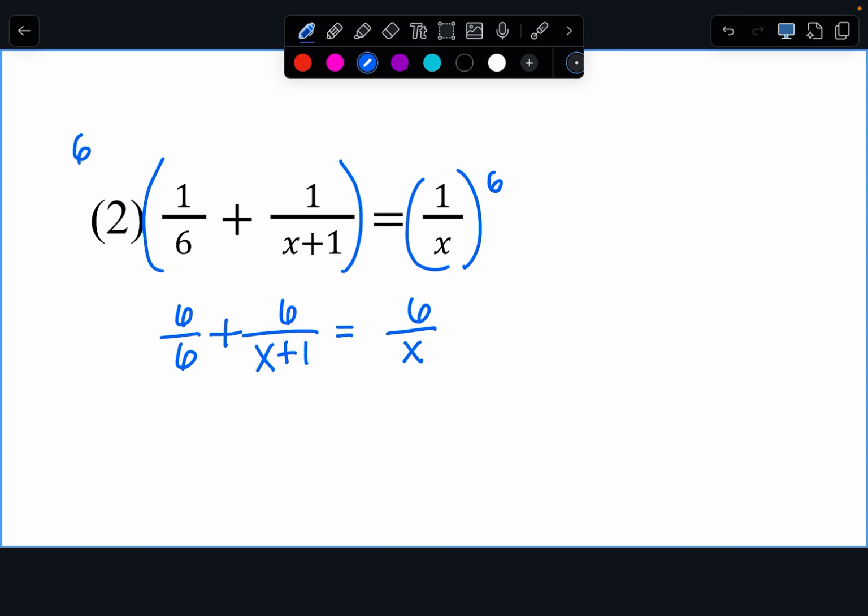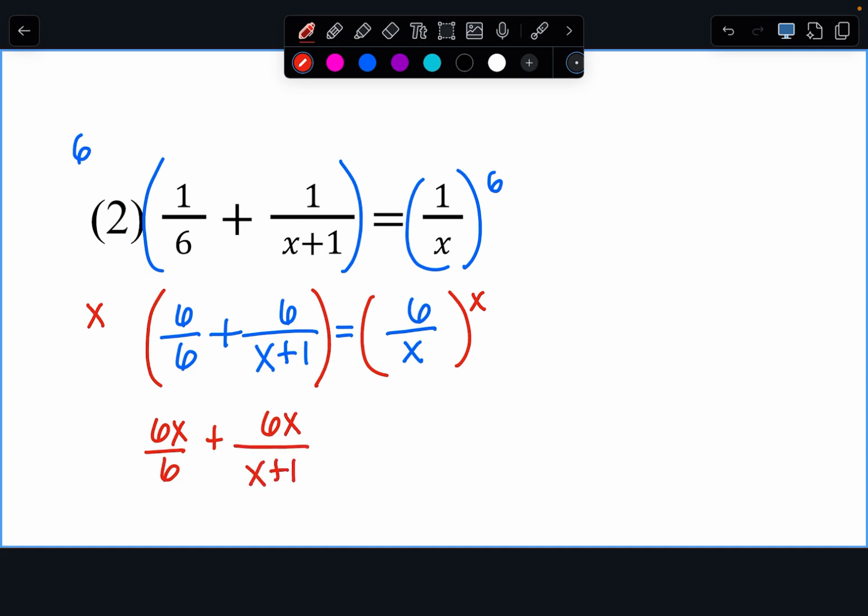Now, we also need to get rid of x. So we're going to multiply every numerator by x. So we'll get 6x over 6 plus 6x over x plus 1 equals 6x over x.